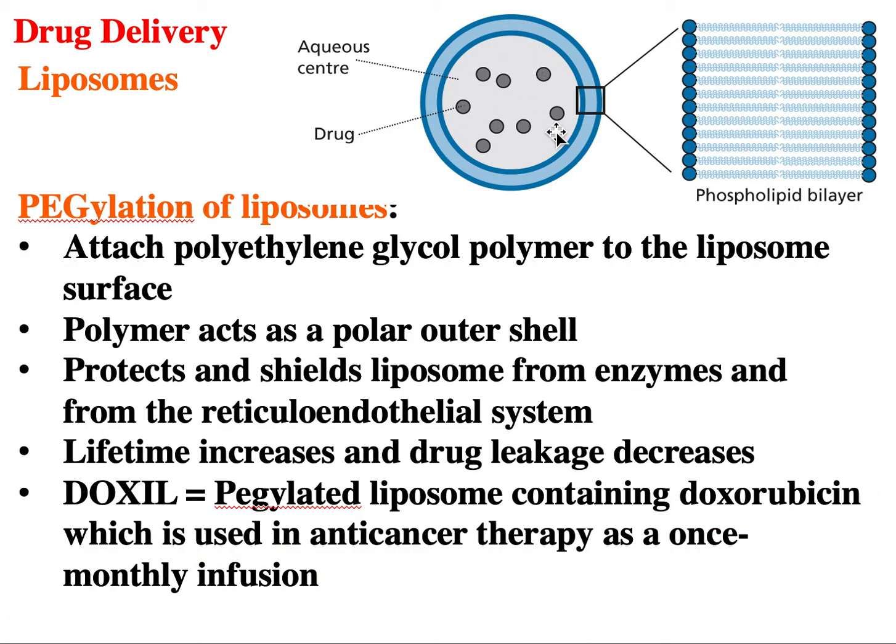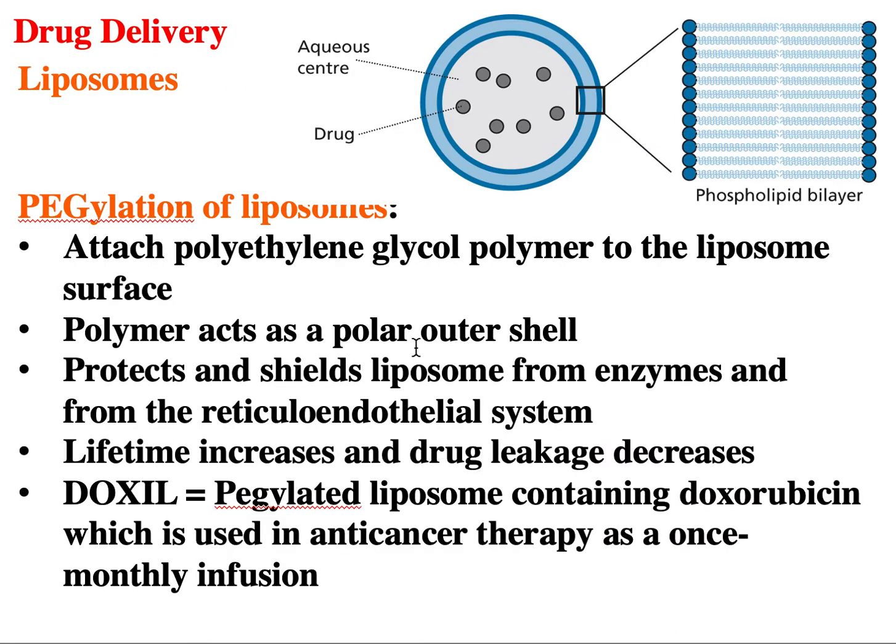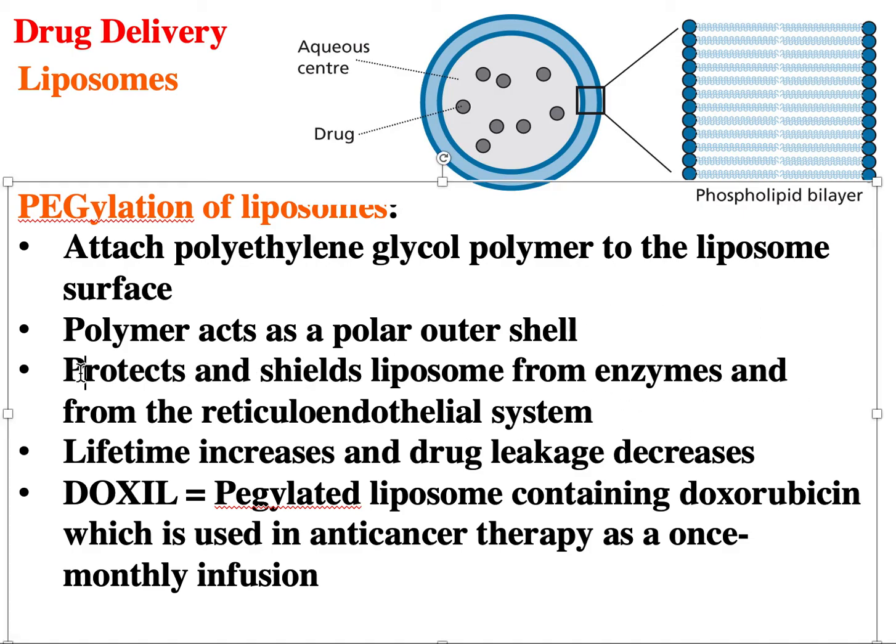So one of the ways to help with this is pegylating the outside. They add PEG to the outside. What they're doing is taking something that's a lipid, so it's very nonpolar on the outside, and attaching this polar group, which is the PEG. This can help with the lifetime. It protects them from going into the reticuloendothelial system, the lymphatic system. An example of this is Doxil, and this is pegylated.